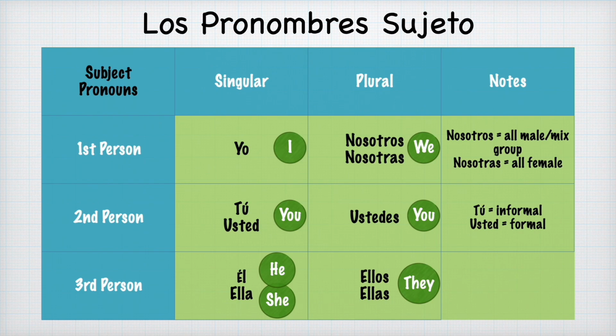Similar to nosotros, we use ellos for an all-male group or a mixed group of females and males, and we use ellas for a group of all-female persons. I know in English we also use it. In Spanish, it's not technically a pronoun, but it would be eso for masculine, or esa for feminine.